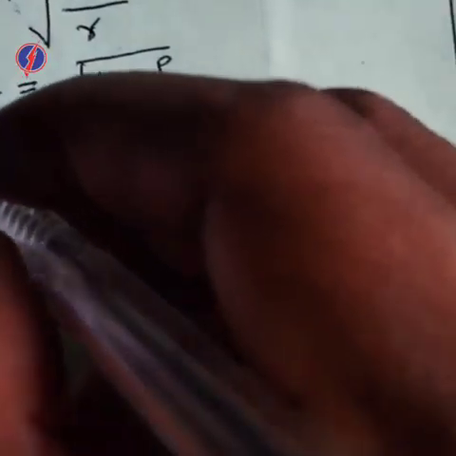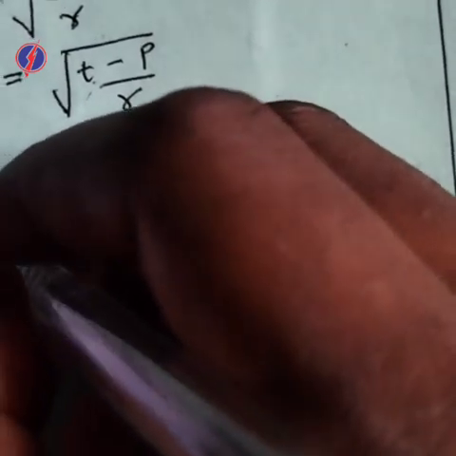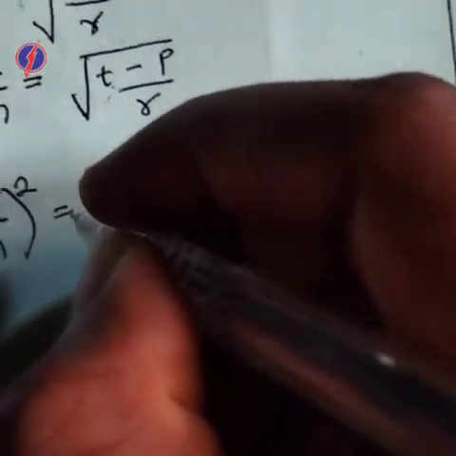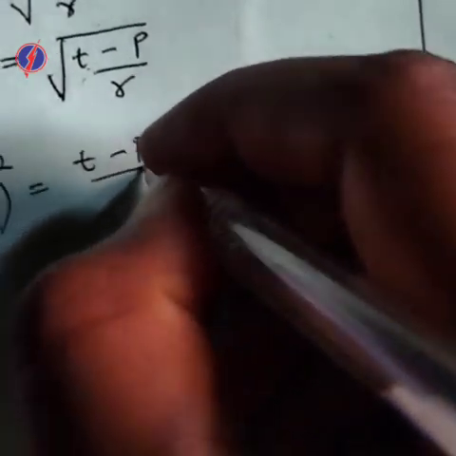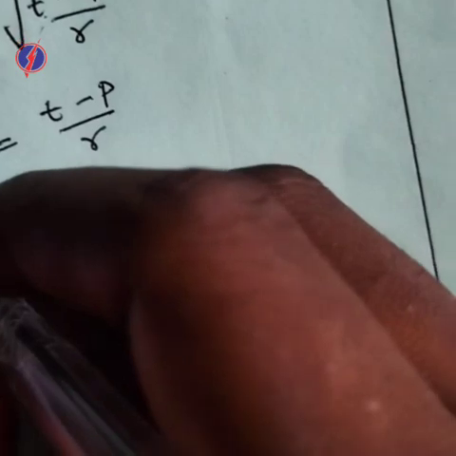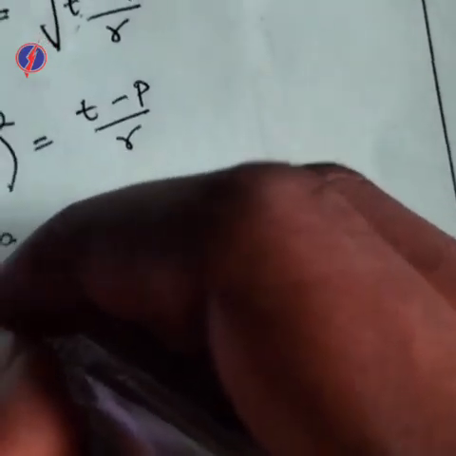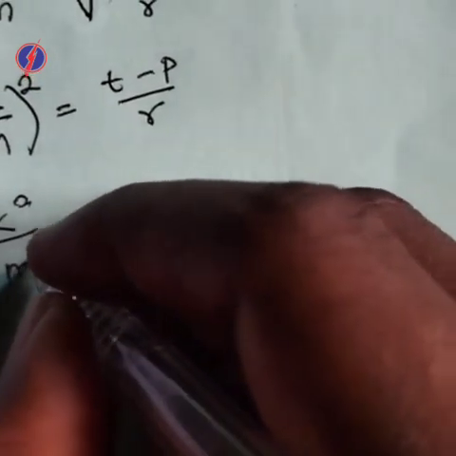So that will be k over m all squared equal to t minus p over r, right? Which is same thing as k squared over m squared.